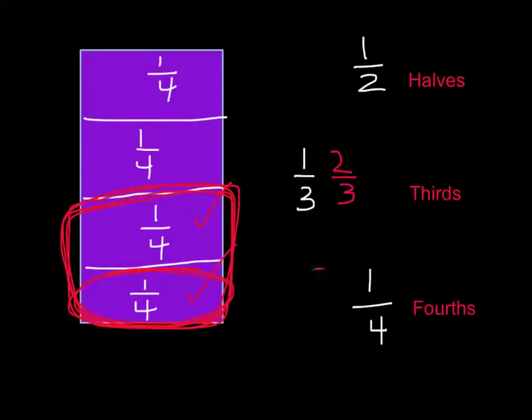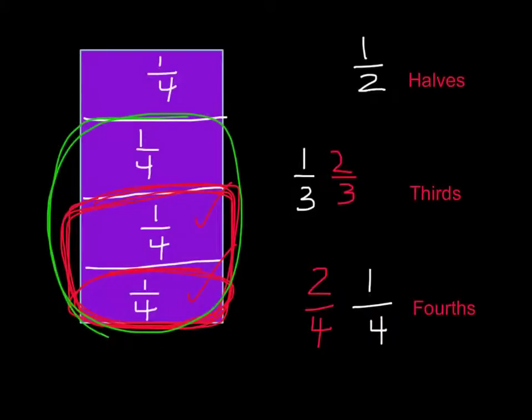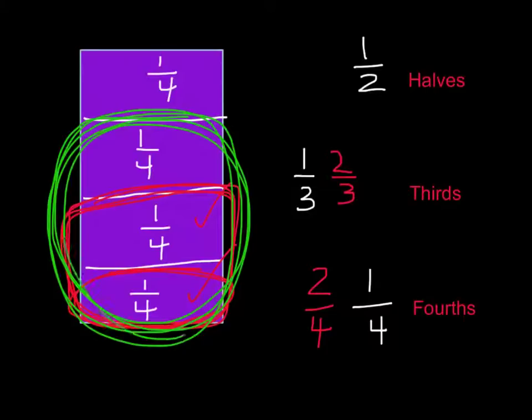That would be called 2/4. And you may be noticing the larger the piece gets, or the more pieces it's cut into. What if I said, oh, now I'm talking about the bottom three? Well, that's 3/4.